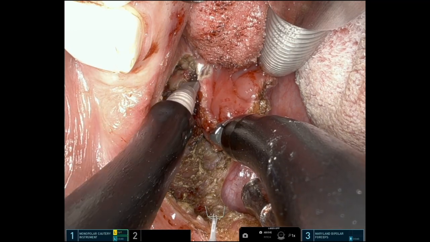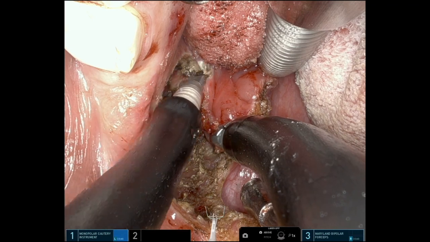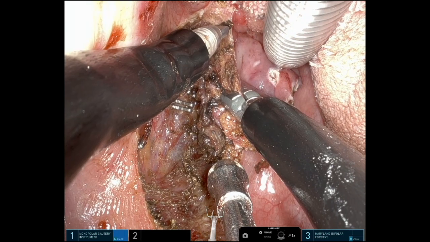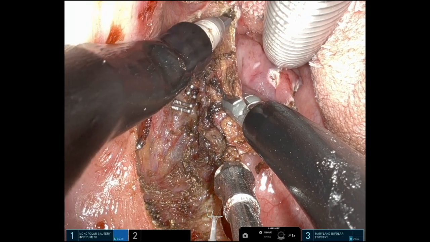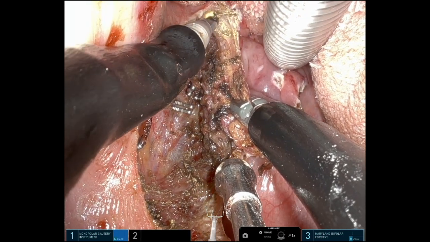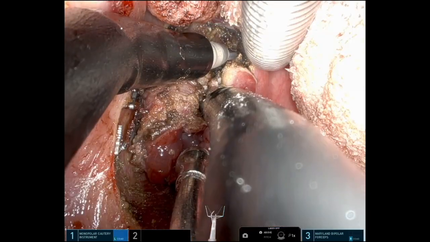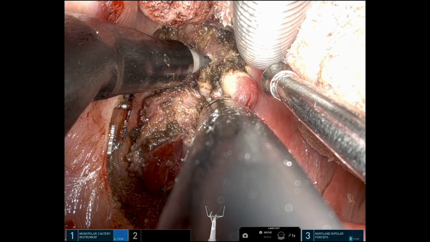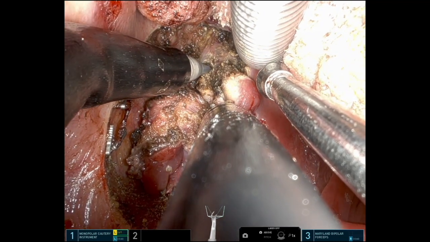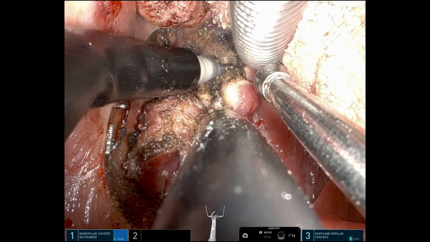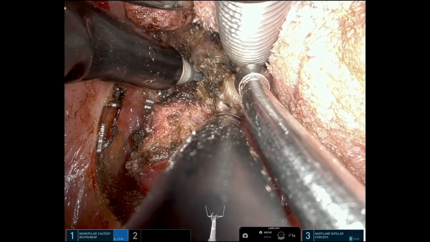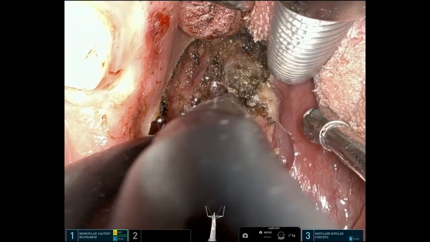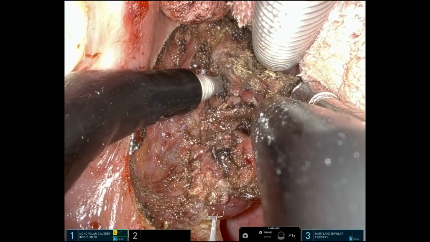We're always conscious of taking enough tissue to achieve a negative margin, but still leaving behind enough functional tissue so that we can preserve excellent function. And so again, this highlights the importance of patient selection, because we want to find the patients who we can confidently perform surgery to adequately remove the tumor with negative margins, but still preserve good function by leaving behind enough tissue for good swallow.